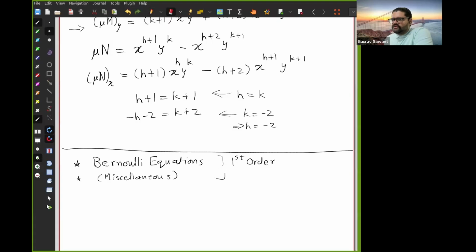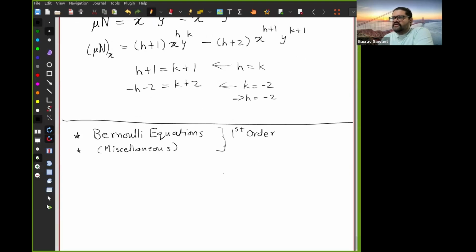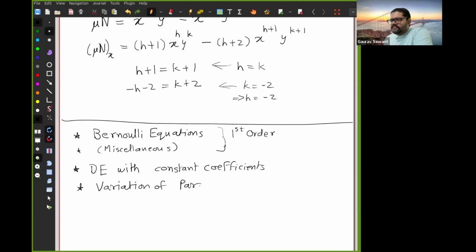These will come within first order. And then there is a real good deal about second and higher order differential equations. So differential equations with constant coefficients. Then we have the method of variation of parameters, and Cauchy-Euler equations.